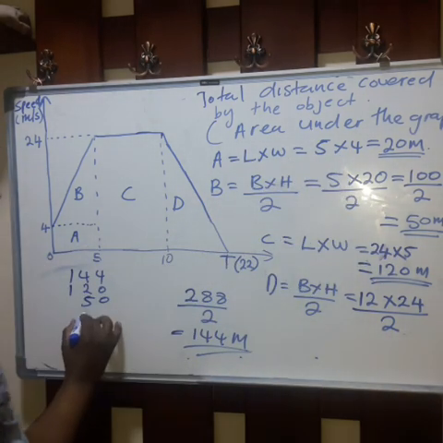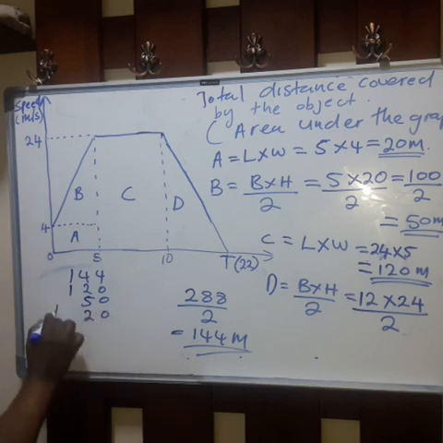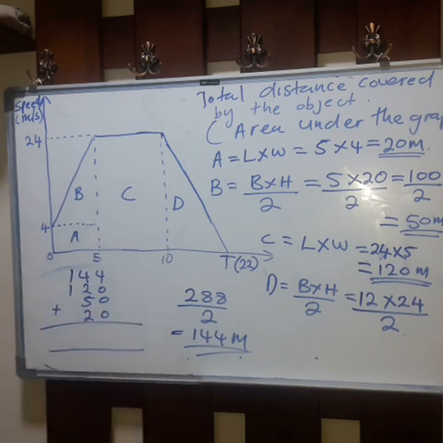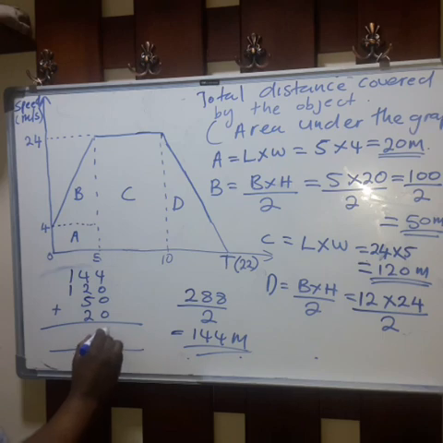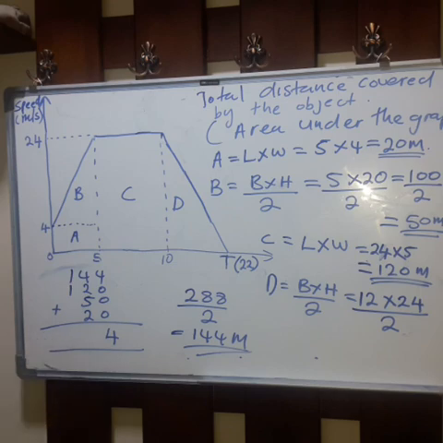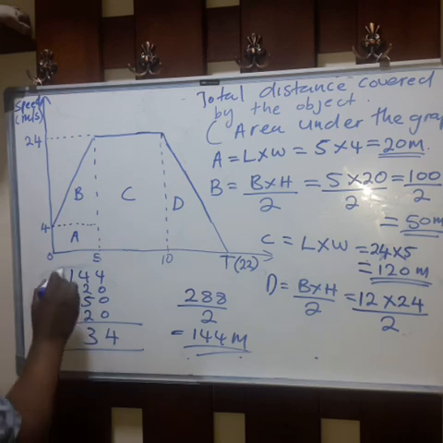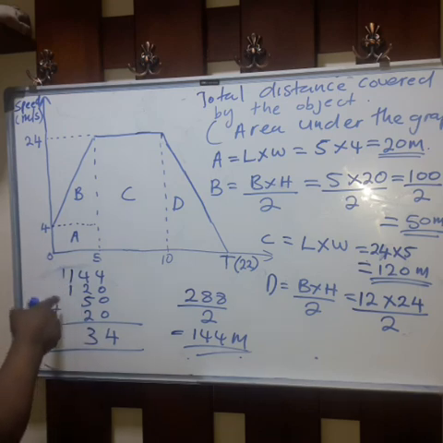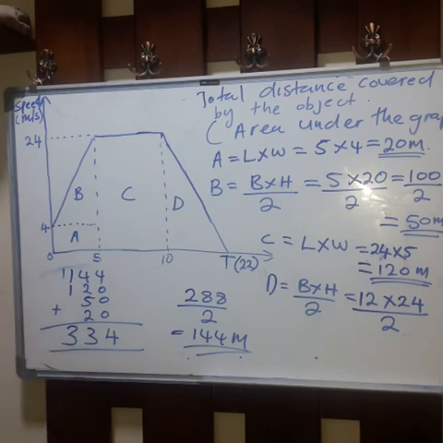We also have another distance of 20. We do some addition. We need to calculate the total distance. 4, here we get 4. We add 4 plus 2, 6 plus 5, 11. 11 plus 2, 13. We carry a 1 here. 1, 2, 3. So the total distance is 334 meters. So that is the total distance.